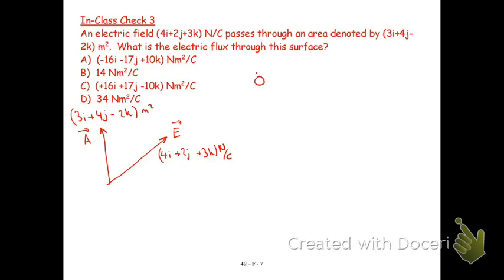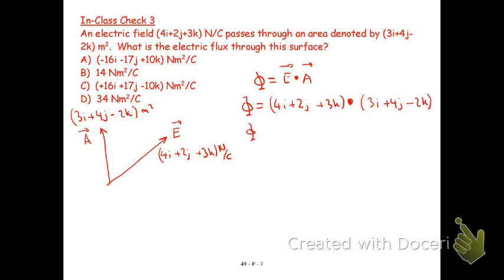Well, flux is equal to E dotted with A. So my flux is equal to 4i plus 2j plus 3k dotted with 3i plus 4j minus 2k.